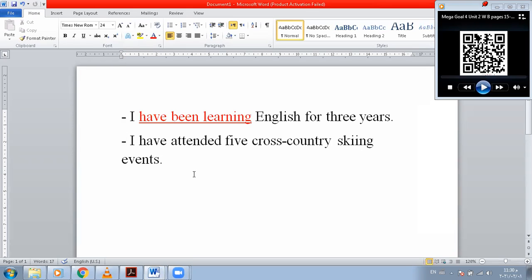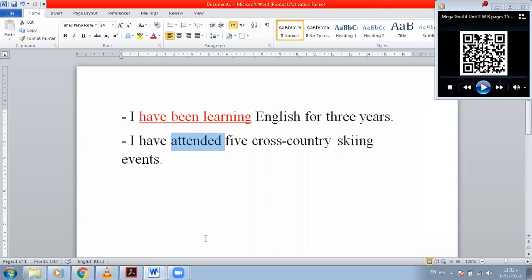Good. What is the form of the present perfect simple? There is no been, and it comes directly with the verb. What is the form of the verb here? First, second, or third?